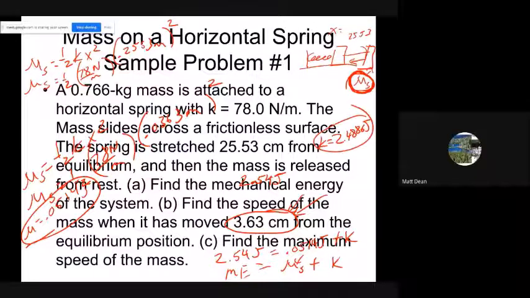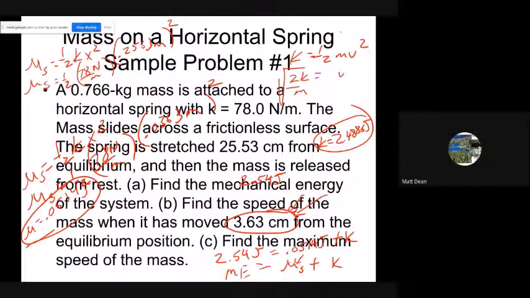Now what you've got to remember is that kinetic energy is equal to 1/2 mv squared. We're trying to solve here for the speed. So let's solve this for v. Let's multiply both sides by 2, divide both sides by mass, and then take the square root of both sides.